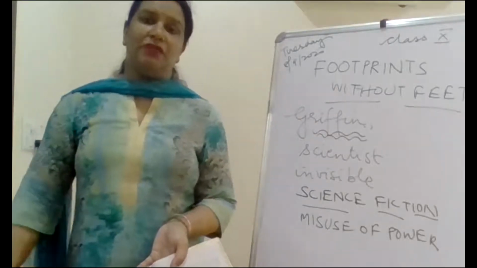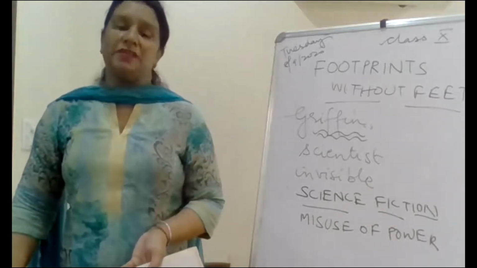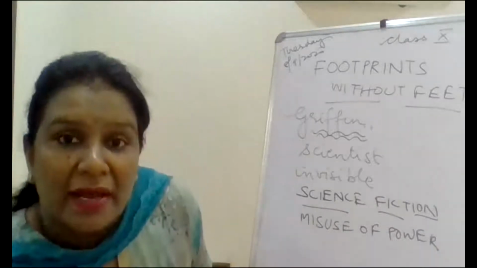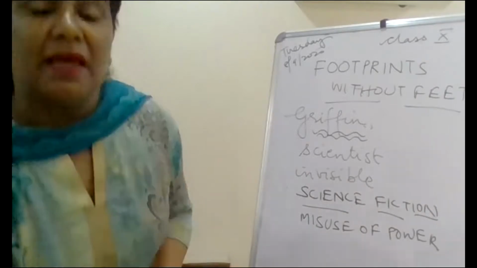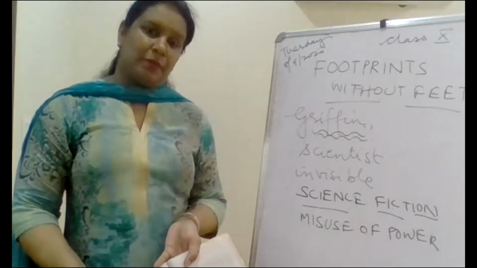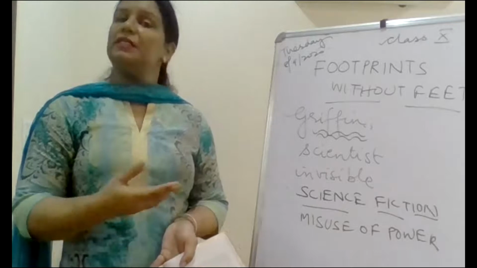So here, what have we read? It's about Griffin becoming invisible and the problems that he has faced and the surprise on the faces of the people, the boys there, when they see the footprints, but they don't see the person. What have we learned about Griffin? He is a brilliant scientist, but he has broken the law.